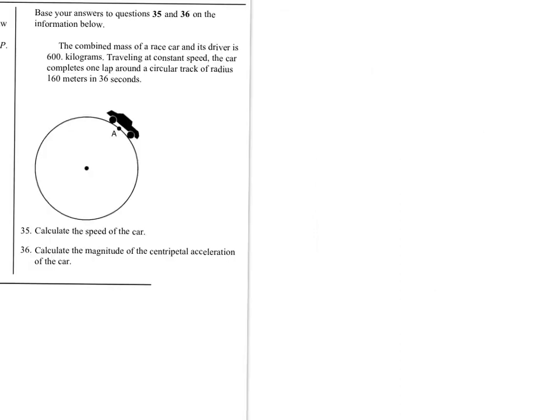Now we have arrived at the very last two questions that are based on the same information. Okay, so 35 asks for the speed of the car. Our speed in a circular motion path is going to be 2 pi r over the period T. Our radius is 160 meters, and our period is 1 lap around the circular track in 36 seconds.